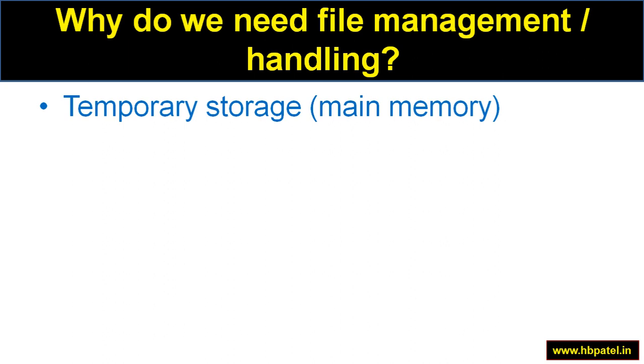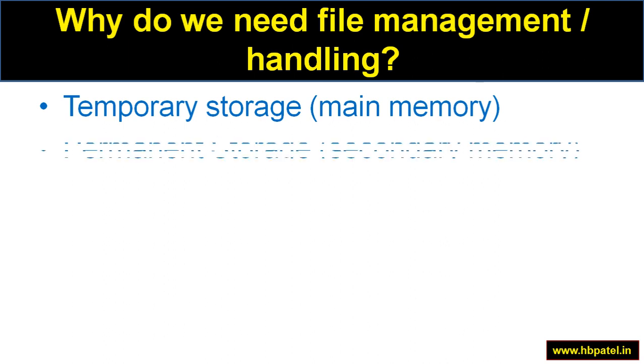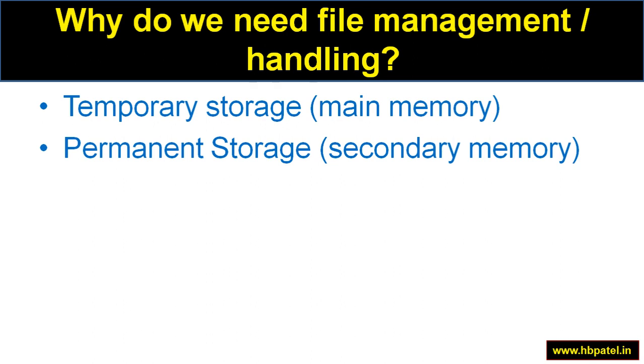Sometimes you must have encountered the issue where you are writing a program, you have not saved it, and suddenly the electricity goes off and you cannot recover the program because it was in main memory, so it was temporary only, you did not save it. That is an example. And the moment you save the program, they call it permanent storage.